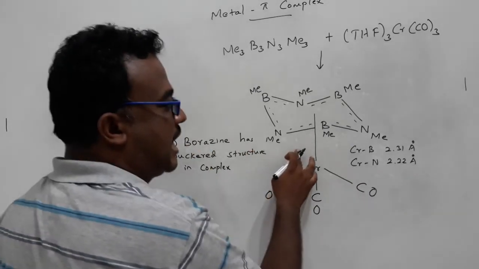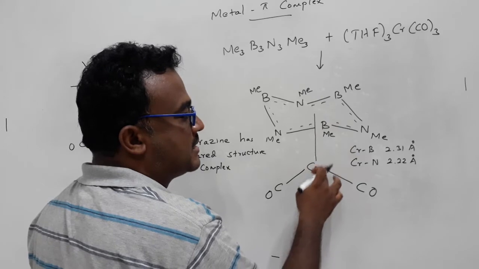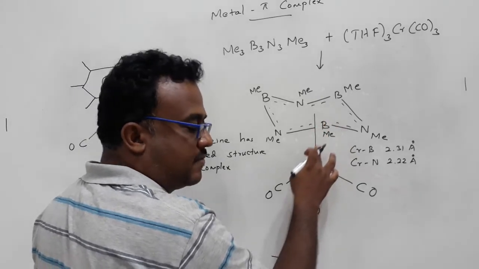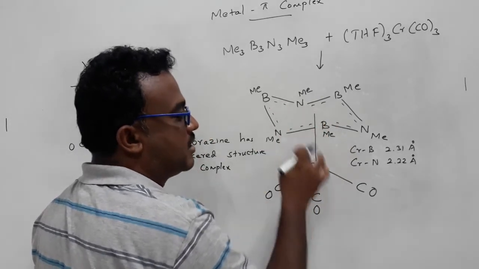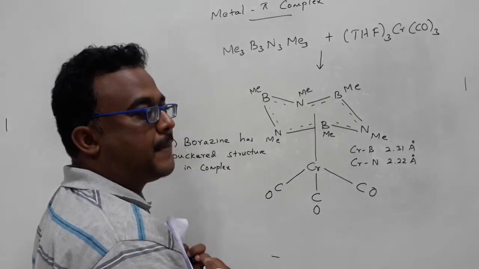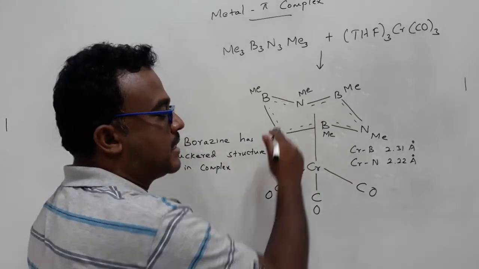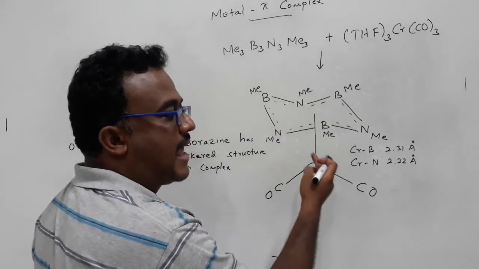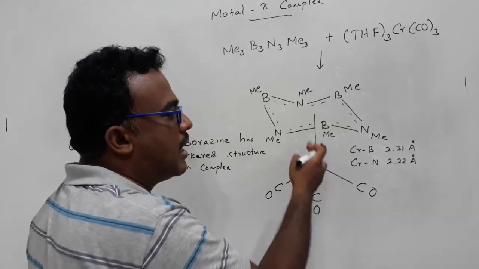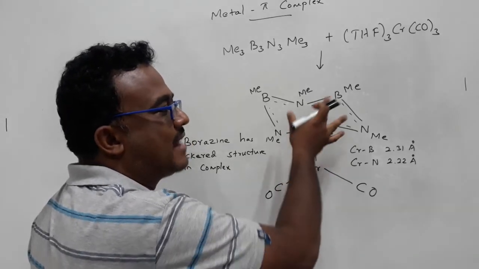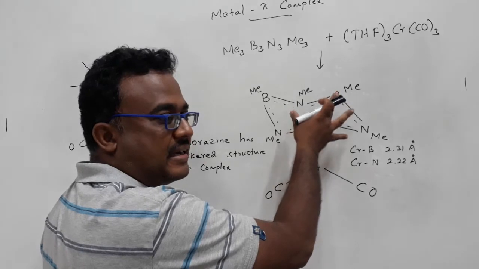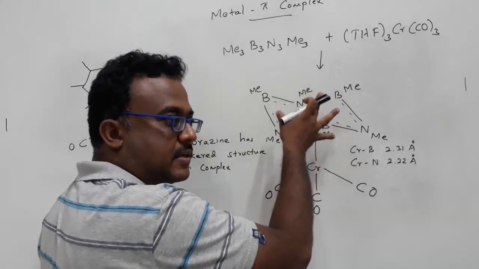But when we come here, the boron chromium bond distance is weaker compared with the nitrogen chromium. That's why nitrogen is forming a strong bond with chromium. It has two different bond lengths and the borazine exists as puckered in nature.